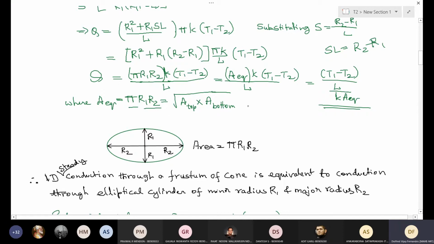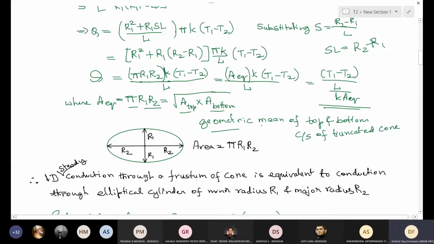This is nothing but the geometric mean area, the geometric mean of the top and bottom cross sections of the truncated cone. These are the top cross-section area and the bottom area, so it is the geometric mean of those.